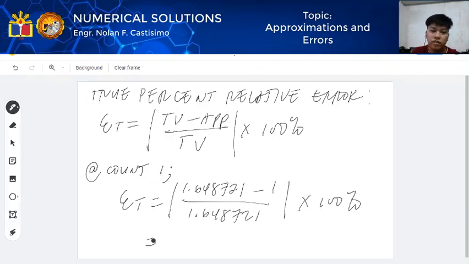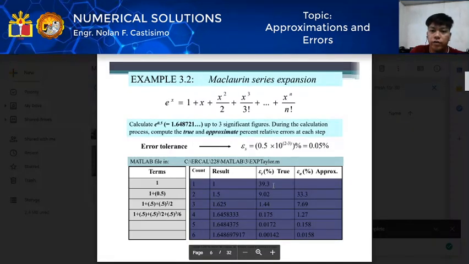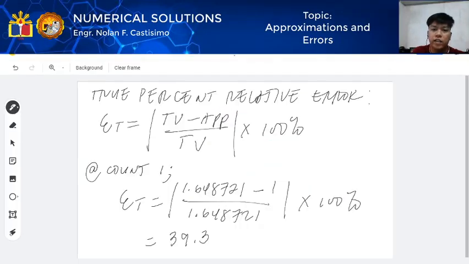So meron tayong 39.3. So 3 significant figures lang i-consider natin ha. So 39.3. So nakuha natin si 39.3. So percent 'yan.